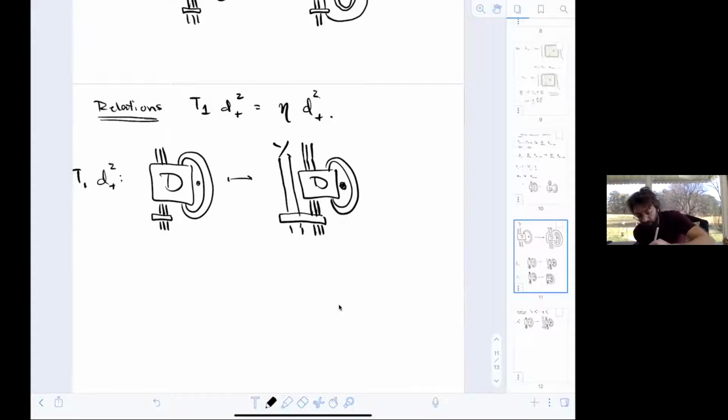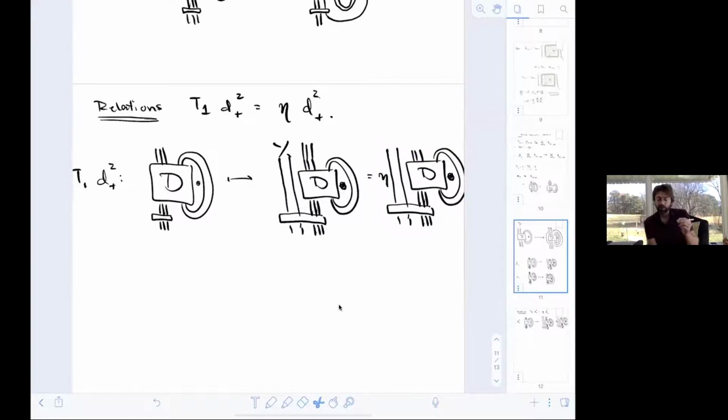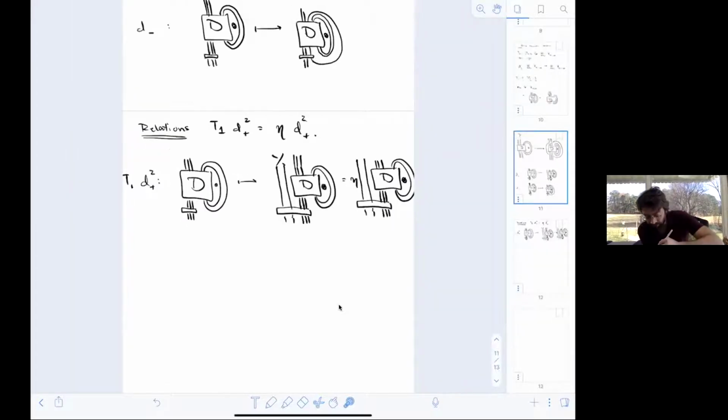In this case, the scalar is just eta. Okay, so doing a pair of d pluses, so doing d1 d plus squared is the same thing as doing eta d plus squared. Okay, so those are relations like this.